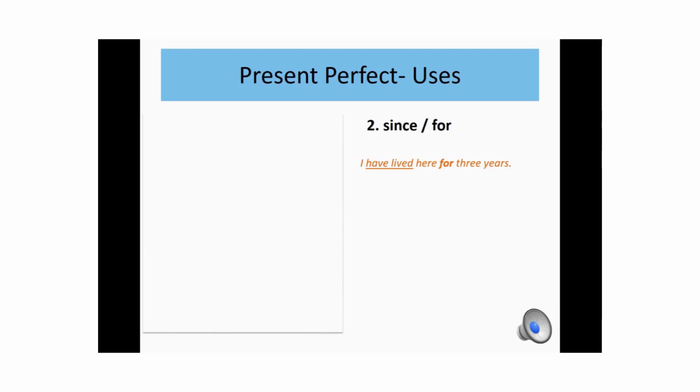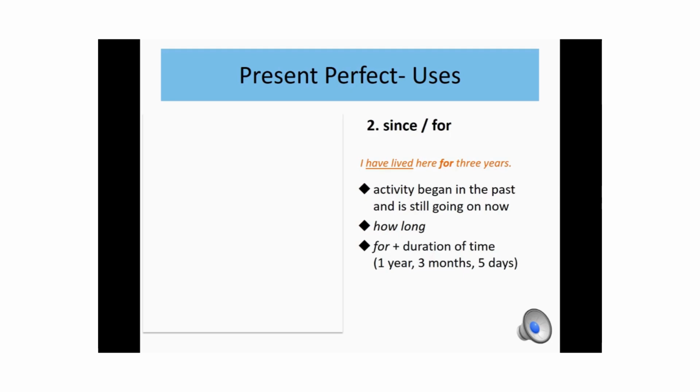When we use since or for, we're talking about an activity that began in the past and is still going on now. For example, I have lived here for 3 years means that I moved here 3 years ago and I'm still living here. It's used to talk about how long an activity has been going on.